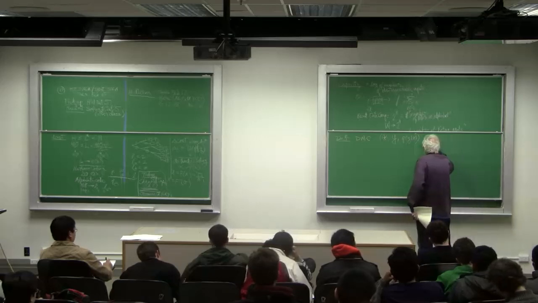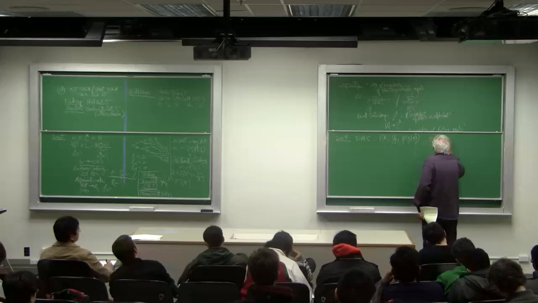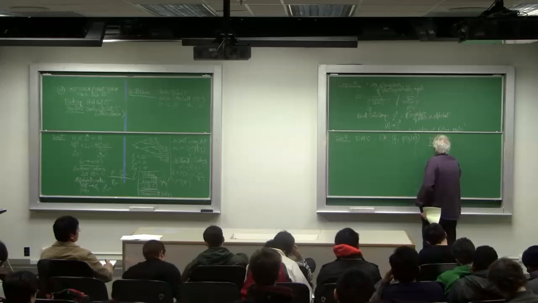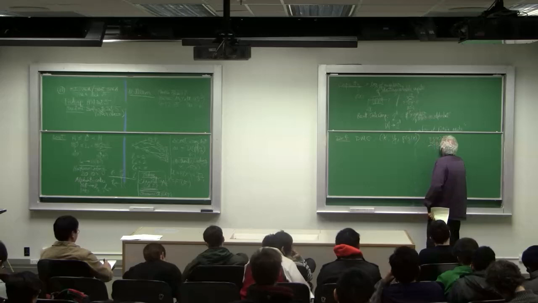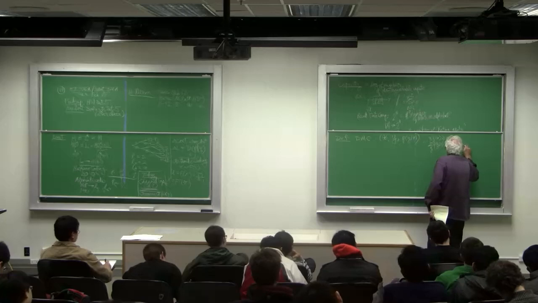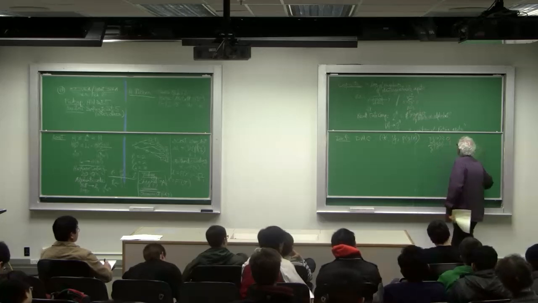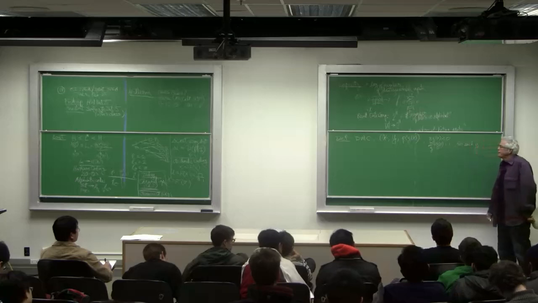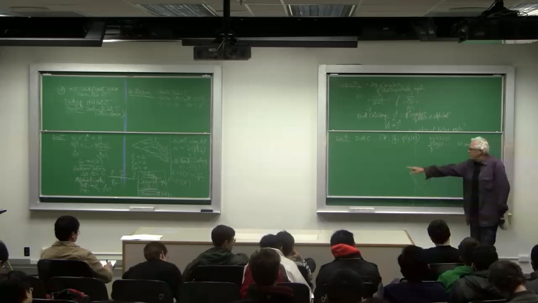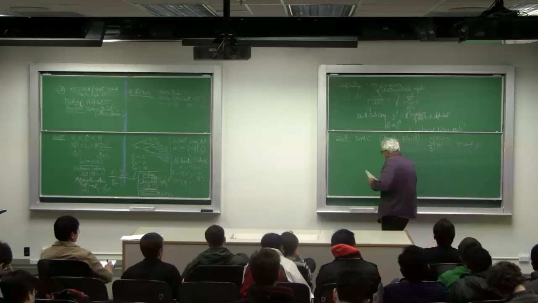So P of y given x is greater than or equal to 0, and sums to 1 for each x. And the binary symmetric channel is an example of that.